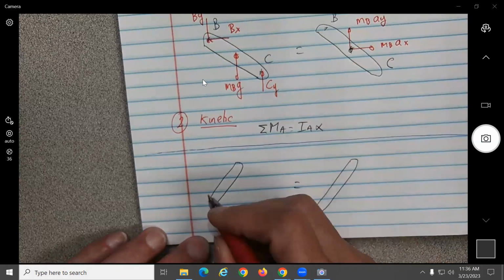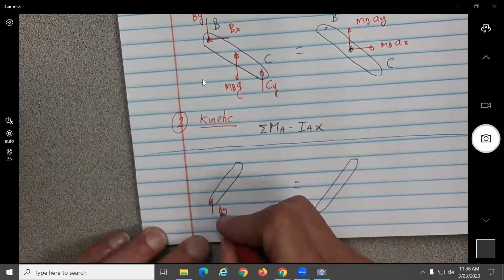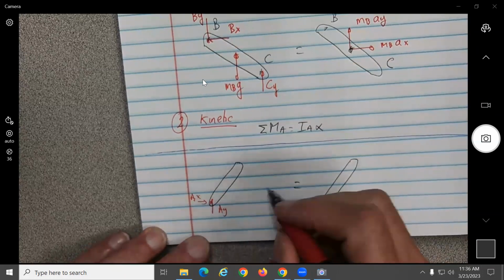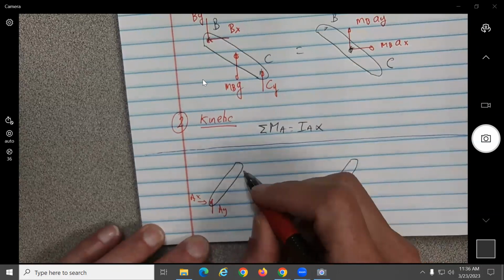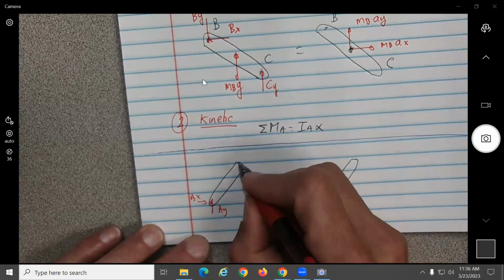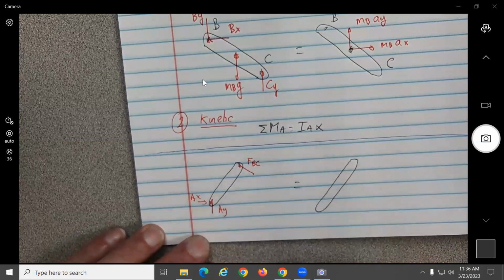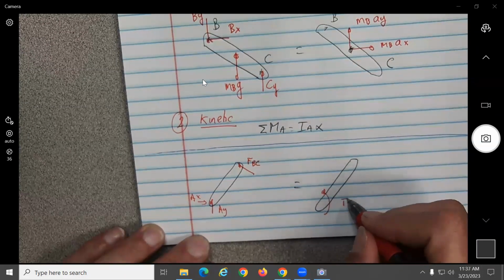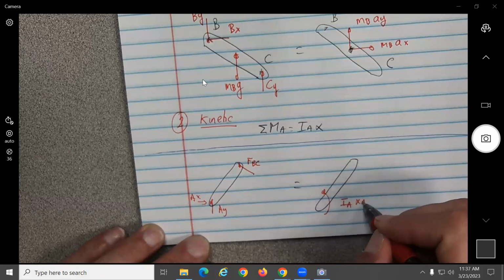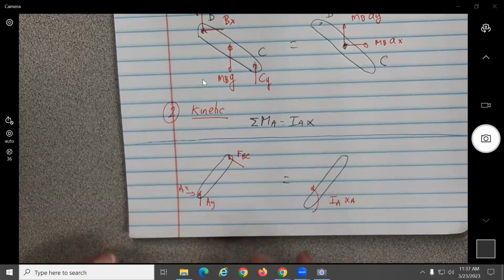Here you can still put Ay, Ax, because it's going to be 0 no matter what, but here instead of putting Bx, By, just put one force here as BC. Correct? And then here you just have the I_A alpha_A. Does that make sense as well?